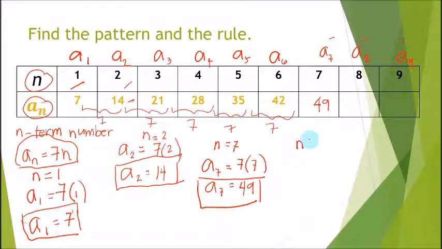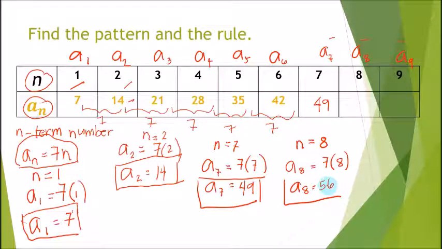What if we're looking for our 8th term? So that is a sub 8 equals 7 times 8. 7 times 8 is 56. Next is, our n is 9.